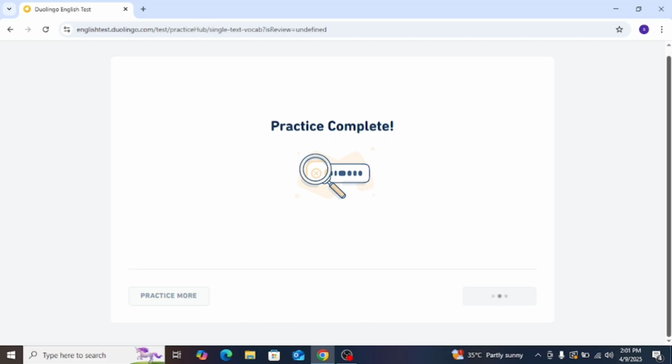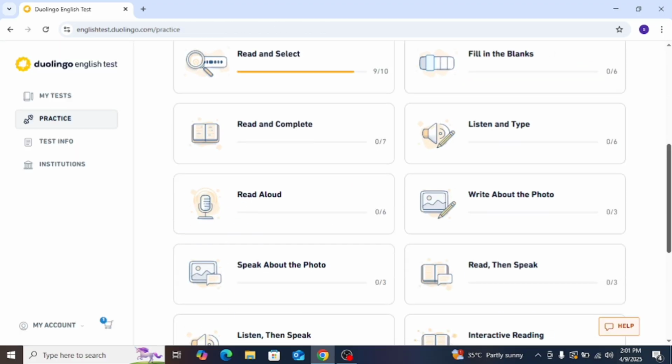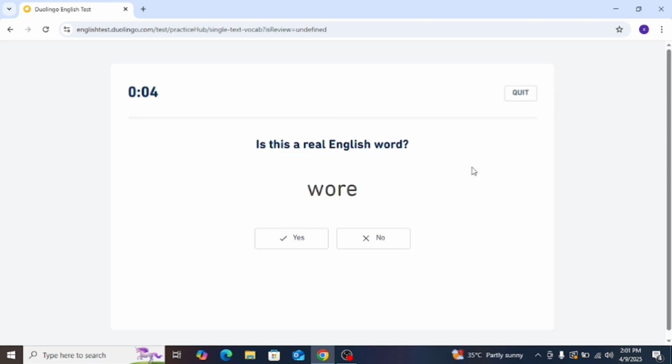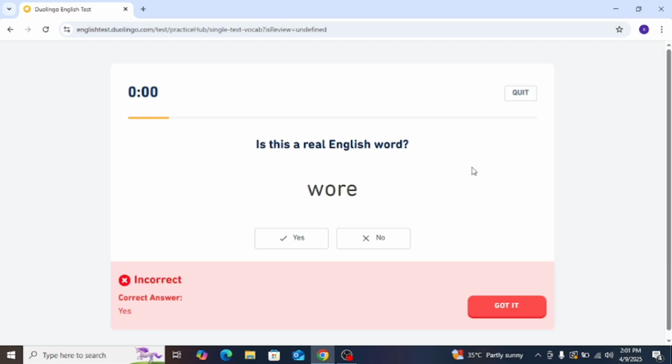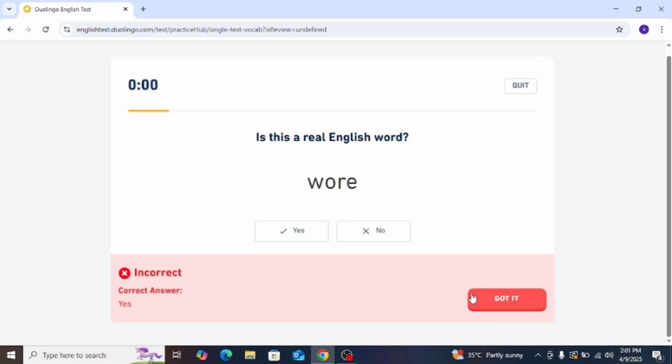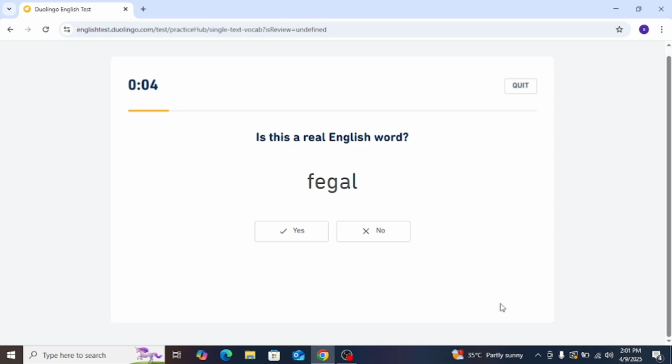Done. And the last one, so this is the last model question of select real English word. So word, yes, word is a real English word. Fagal, no. Enjoying, yes.